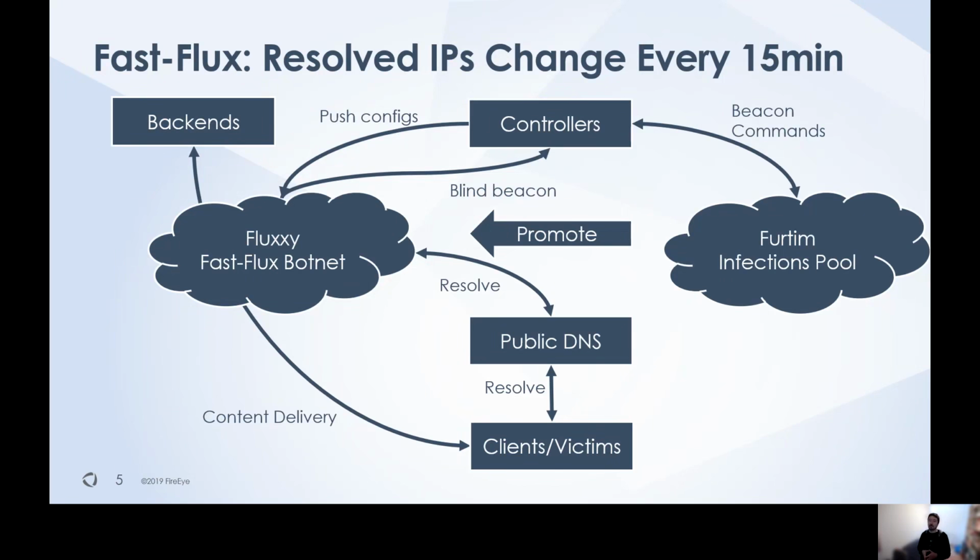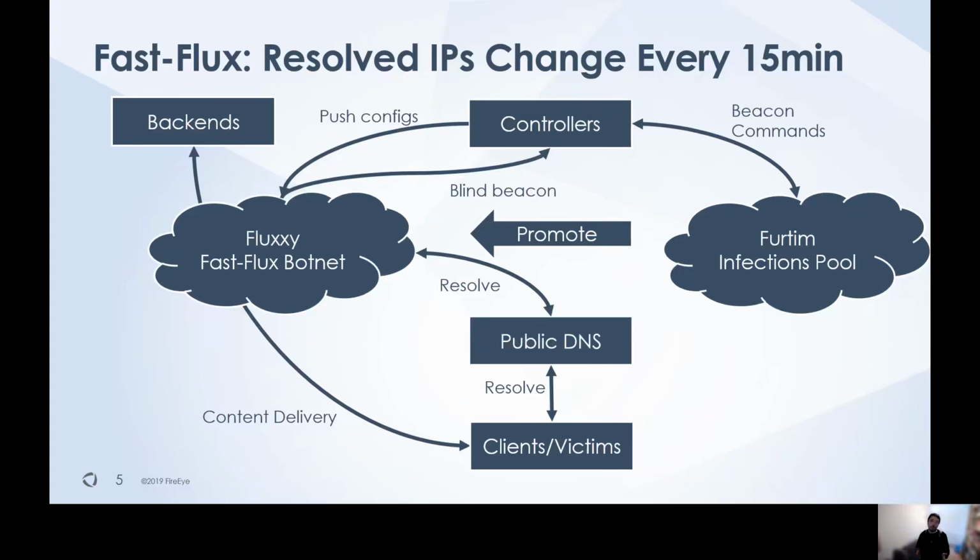Obviously, the public DNS, such as Quad 8, Quad 1, would forward the request to the associated name server. That name server is actually hosted on Fluxxy. Fluxxy would reply with a dozen IP addresses that point back to the Fluxxy botnet.